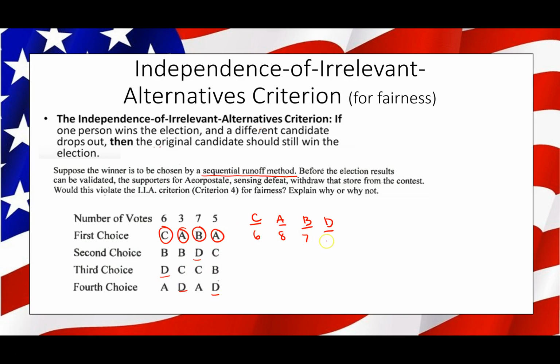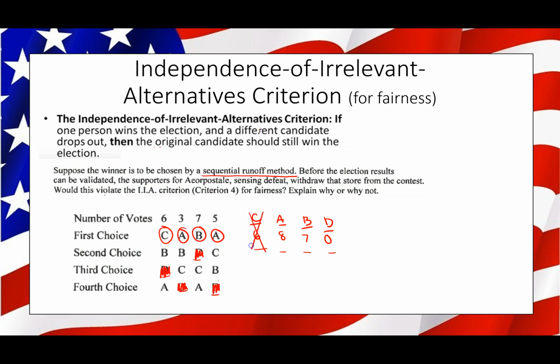Sucker! All right, so we're going to cross off D because D has the least number of first place votes. And you can see here that that's not going to mess up any of our first places from the previous count. So now we can still compare these.